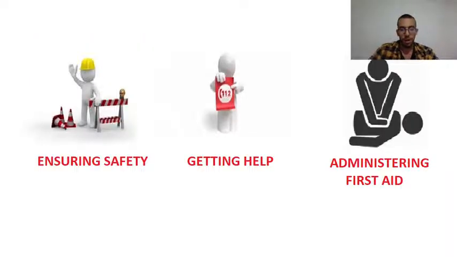Having distinguished that, we have 3 steps in first aid. The first one is ensuring the safety, the second one is getting help, and the third one is administering first aid. So what does it all mean? The first one is ensuring safety. So it is basically ensuring the safety of the environment, of yourself. For example, there could be fires going around. There could be loose cables that could give you electric shock.